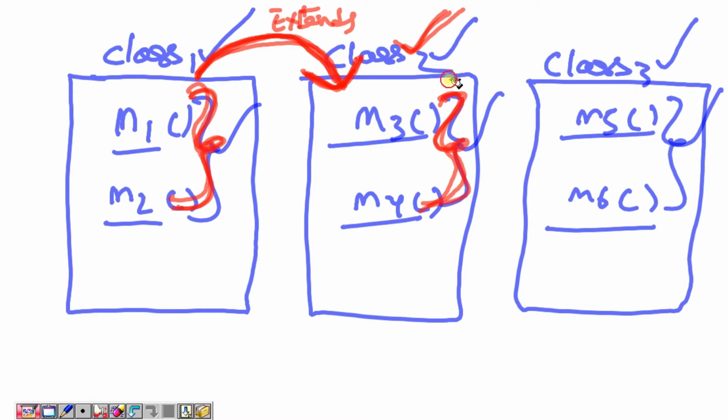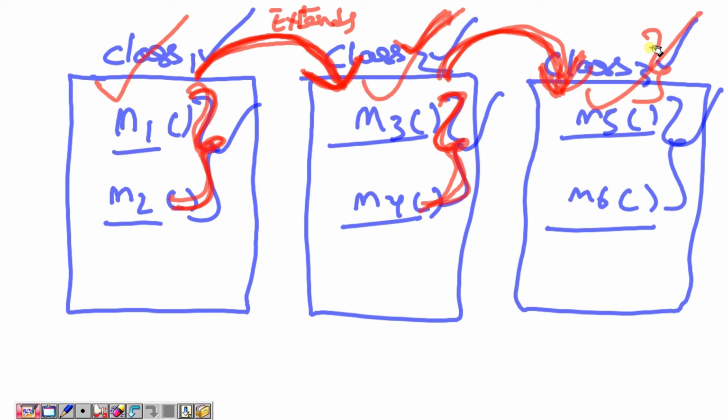Coming here, you are extending class 2 to class 3. Whenever you extend class 2 to class 3, class 3 can create the class 3 reference, and it can access class 1 information, class 2 information and class 3 information, because class 1 is already extended to class 2.